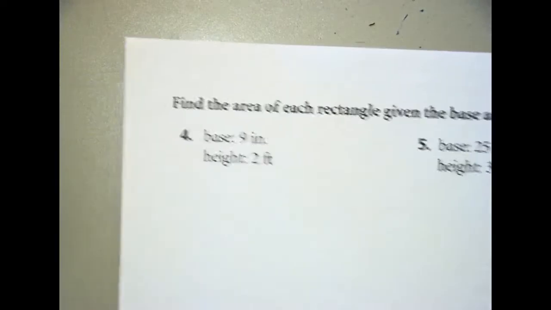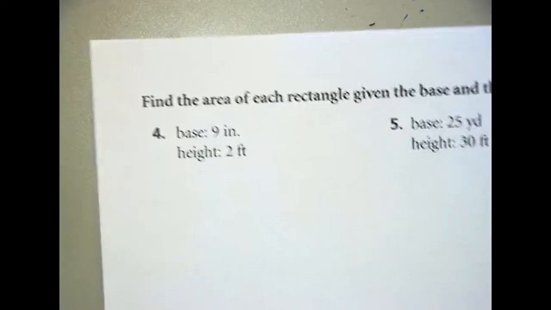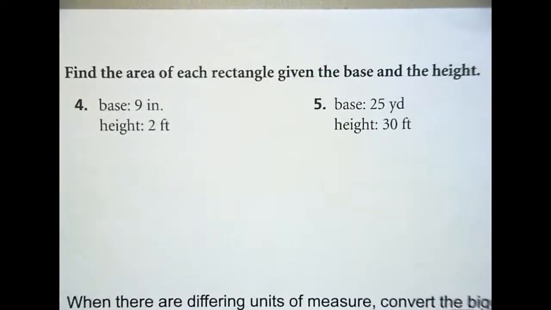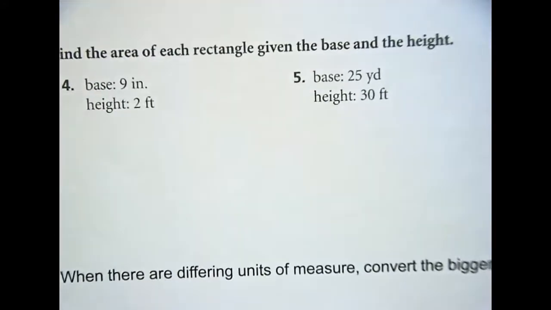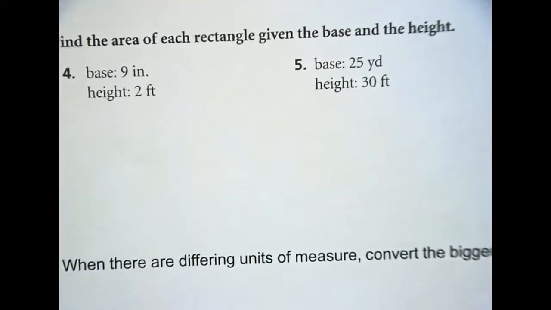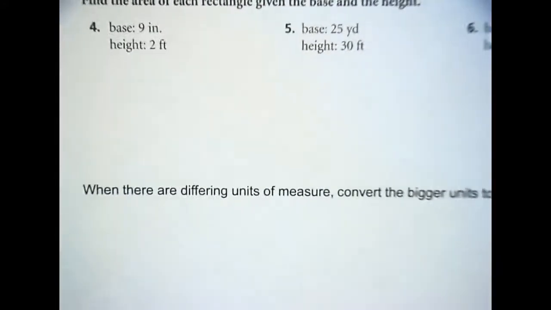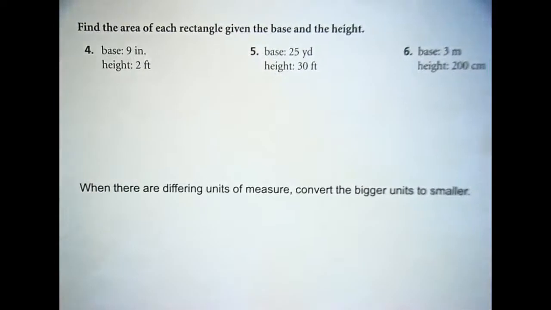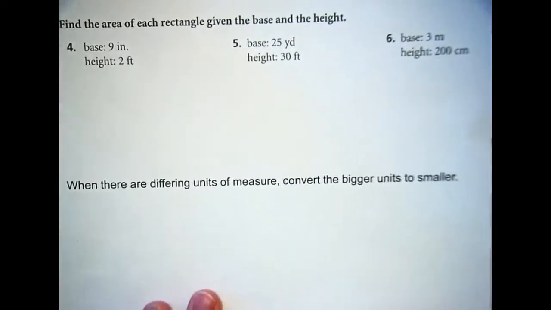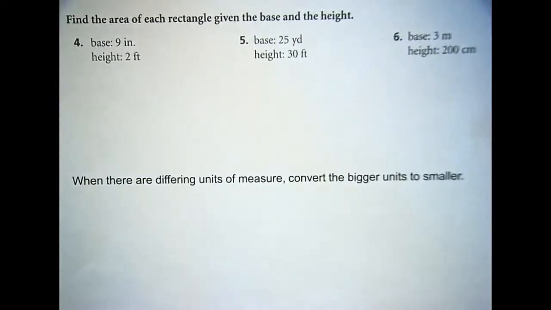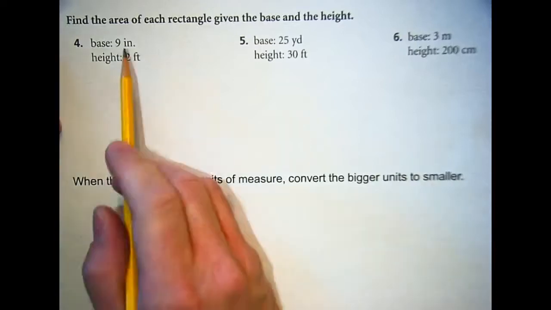Number 4. Find the area of each rectangle given the base and the height. And I've given you a little note on the bottom there. When there are differing units of measure, convert the bigger to the smaller.